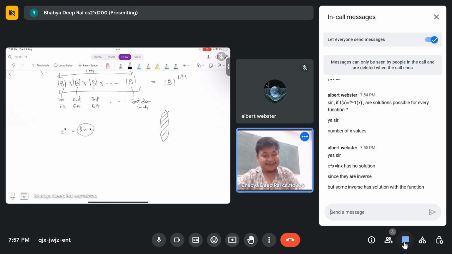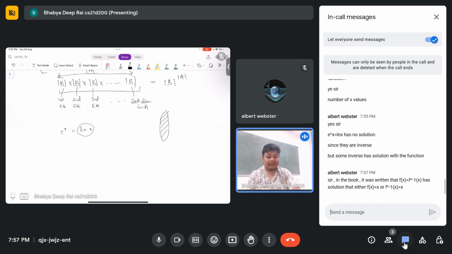See, the algebraic way to view it would be, a solution is where the equation becomes zero, the function becomes zero. Oh, okay. So there's a solution where either f of x equals x or f inverse of x equals x.